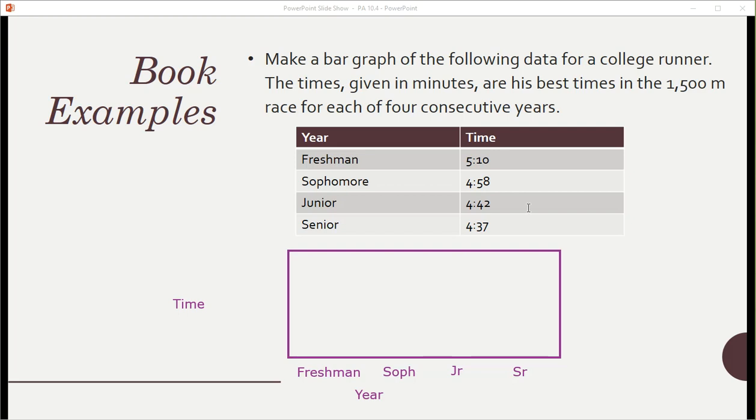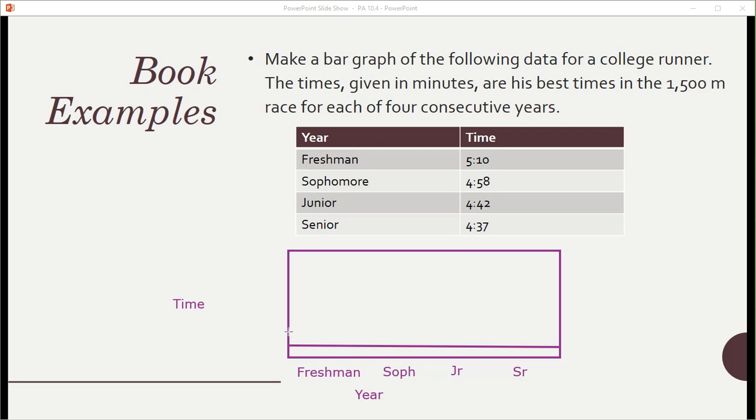For our time, the smallest time increment is 4.5 minutes, a little more than that, and the largest is 5 minutes. So we're going to want to make sure that we leave enough room to be able to see those increments. So maybe start at 4 minutes and go up by 15-second intervals.